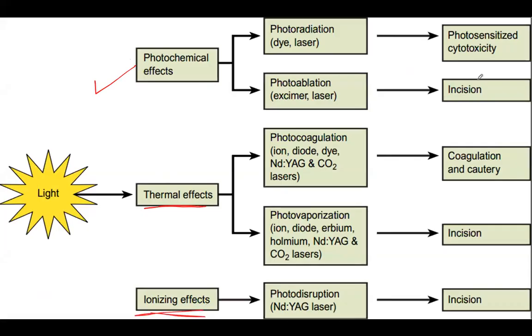The ionizing effect means that the laser itself acts by stripping electrons from their nuclei, causing what's called a plasma cloud. The plasma cloud is formed by the electrons which are stripped from their location by the effect of the laser, which will cause the cutting effect or photodisruption, as in the YAG laser. Refer to this slide, it's present in the laser lecture.